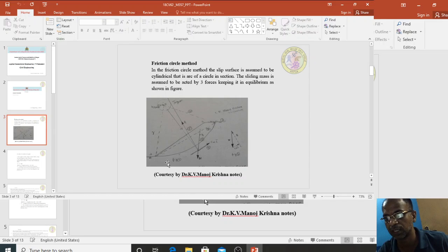How to construct it? First, draw a horizontal line on a graph sheet. Mark one point as A. The slope of an embankment is given. Mark the slope of the embankment, one vertical to n horizontal. Draw the inclined line. From A, measure the height of the embankment to a suitable scale and draw the horizontal line.